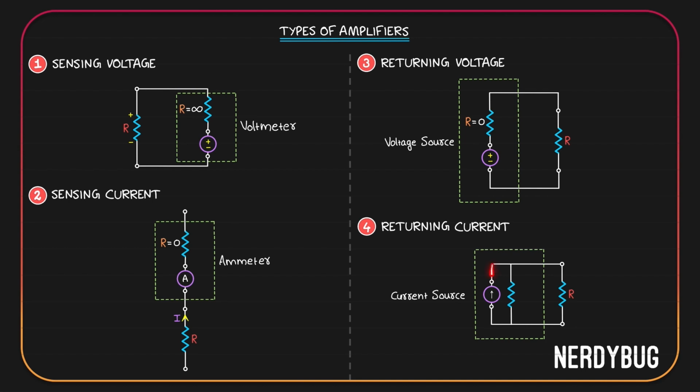According to this model, some of the current will flow through this resistance and the rest will flow through our resistance R. But ideally, we want all of the current to flow through R only, not through the internal resistance. That means the internal resistance of the source should be infinite. So 0 current will flow through here. All of the current provided by the source will flow through R, which means a system that returns current should have an internal resistance of infinite value.